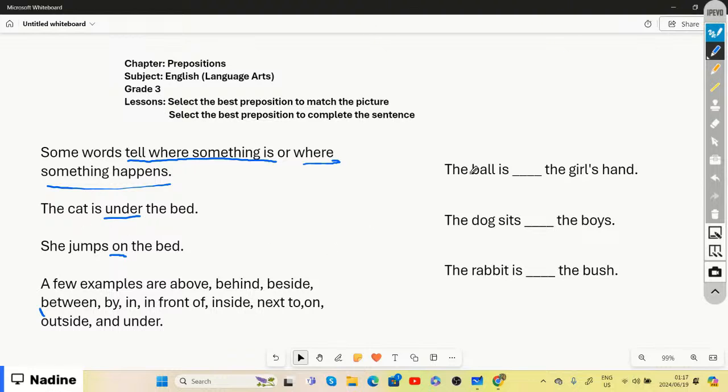All right. So now let's look at these three sentences. We're going to have to complete the sentence by filling in the correct preposition. It says, the ball is the girl's hand. What do you think is the preposition within that sentence?